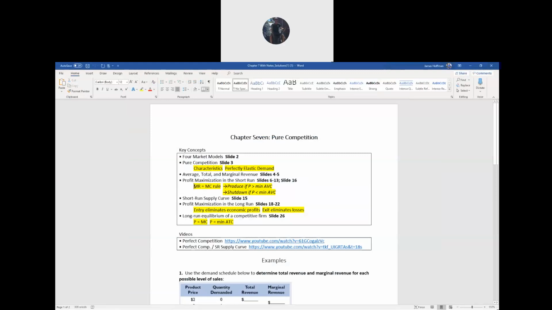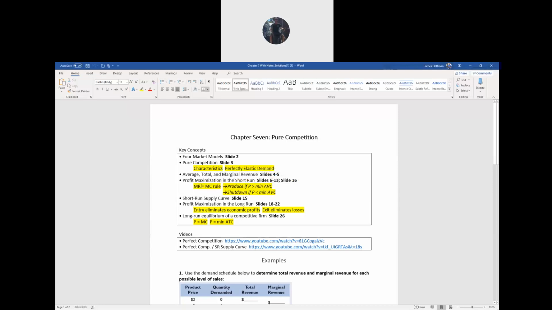This kind of summarizes it here. So look for this situation. Look where MR equals MC, and if at that situation the market price is above the minimum of the average variable cost, you're going to go ahead and produce. You're going to choose Q star here and either make a profit or minimize losses.